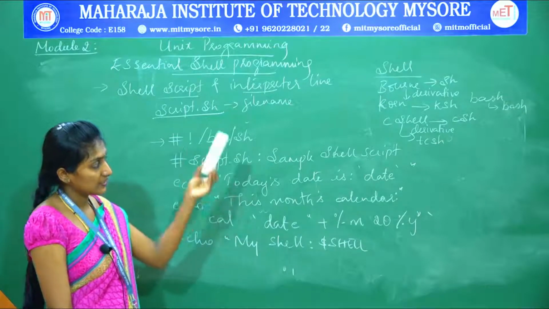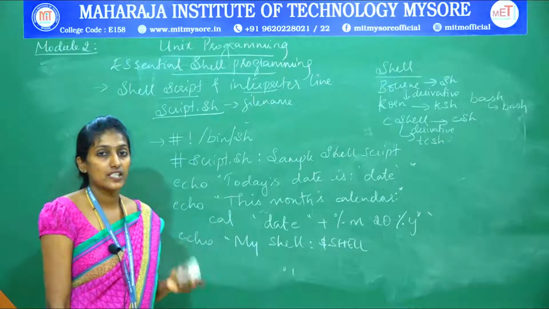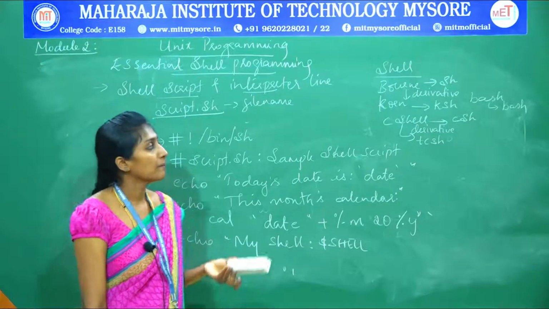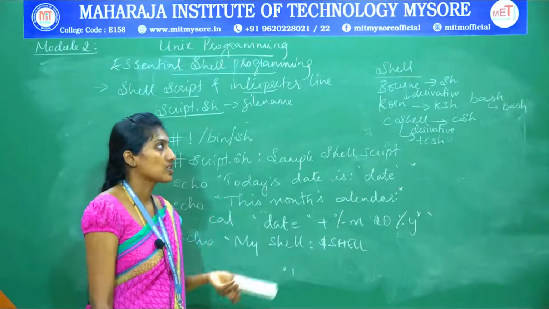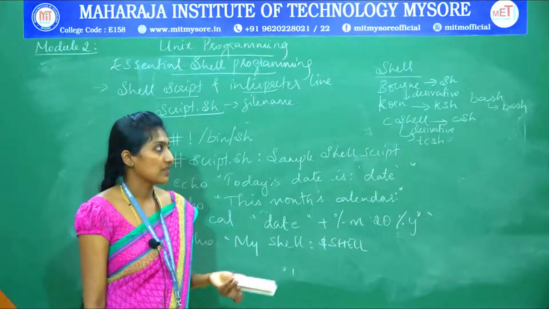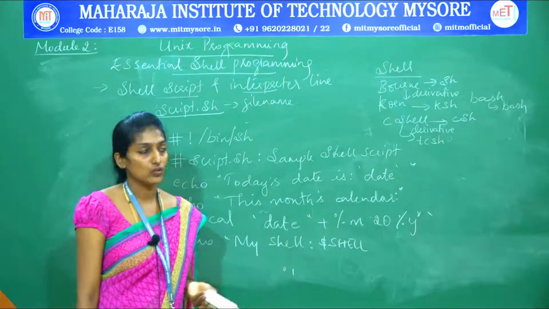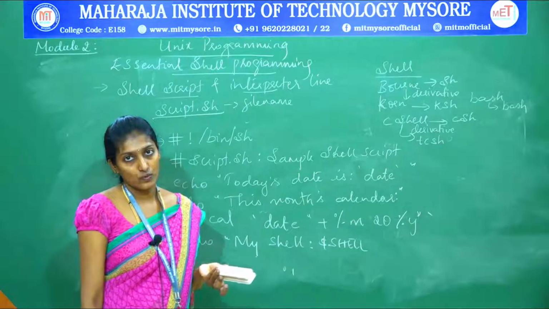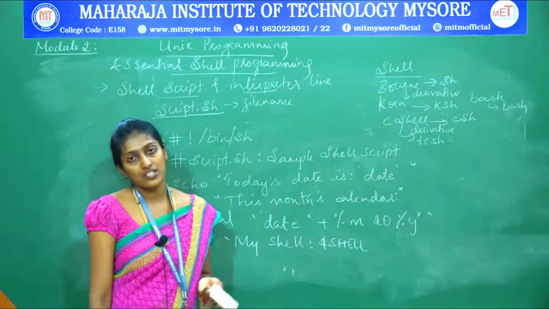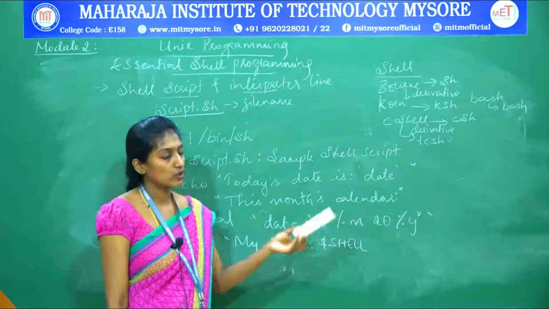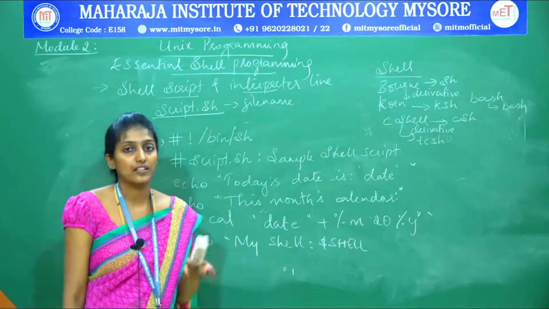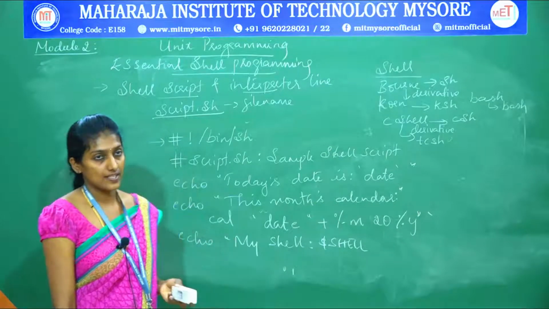Any one of these representatives can be used for executing all your shell commands: either the Bourne shell, or the Korn shell, that is the ksh representative, or the bash shell, or the C shell csh, or its derivative tcsh. Any of these shell offerings might be used for executing all your shell commands in the Unix operating system.